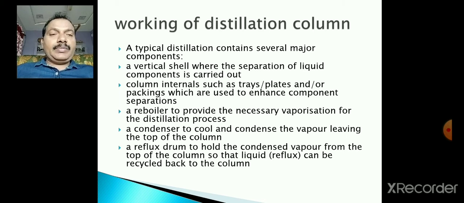A reflux drum to hold the condensed vapor from the top of the column so that the liquid can be recycled back into the distillation column.